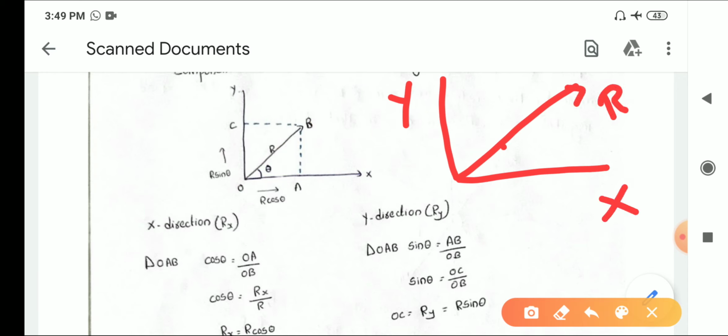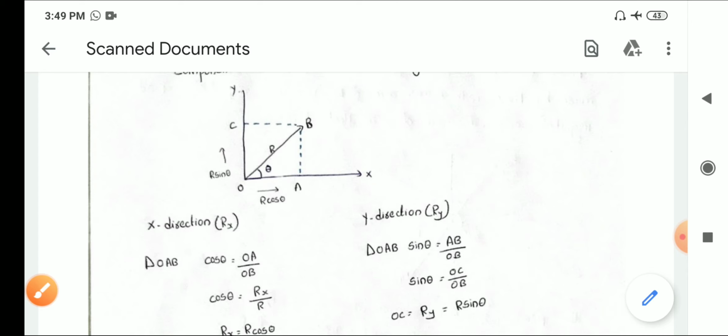This R force is making an angle theta with x axis. You have to observe whether the theta is inclined towards x axis or y axis, because if I consider theta from the other axis, the value changes. So theta is nothing but the angle inclined by R with reference to x axis.